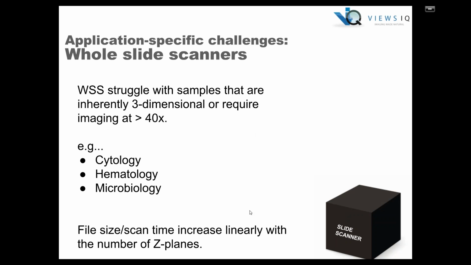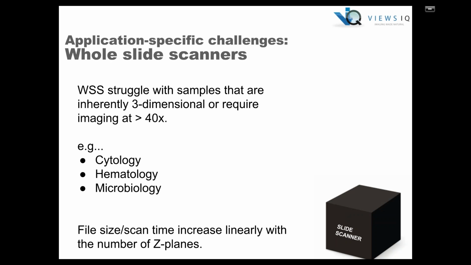Whole slide scanners have been available for over 10 years now, and there's a large body of literature establishing their suitability for generating images that are interpretable by pathologists in a number of disciplines. But there's still a number of niches that aren't well served by existing technologies for image acquisition.